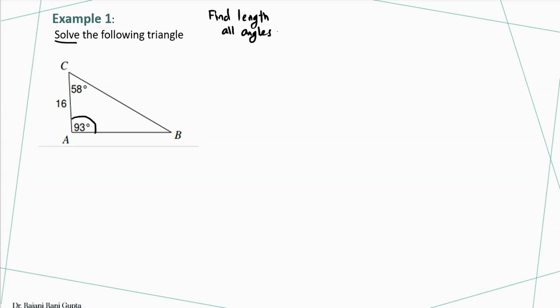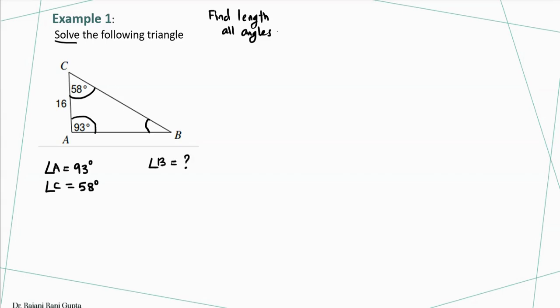The measure of this angle is 93 degrees. So angle A is given as 93 degrees. This measure is 58 degrees. So it means angle C is given as 58 degrees. Okay, angle B is not given. You have to find it.